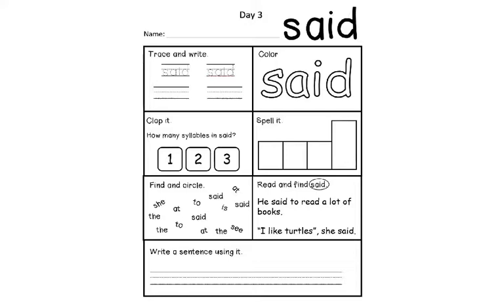Okay, our second page for day number 3 is said. Again, I want you to write your name at the top. All right, our first section again is to trace and write. And then you need to color the word. So I'm going to remind you of 2 things and then you can pause the video.